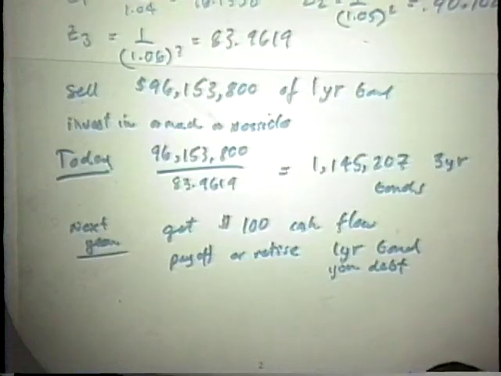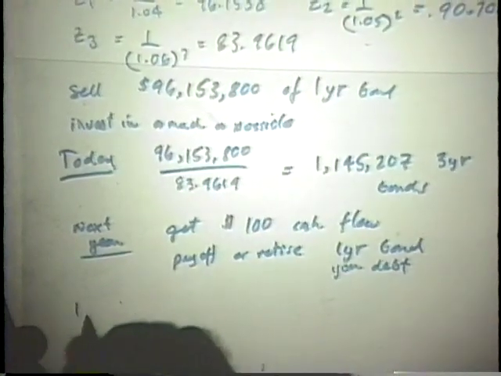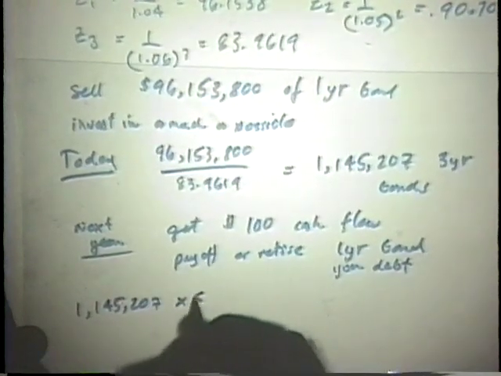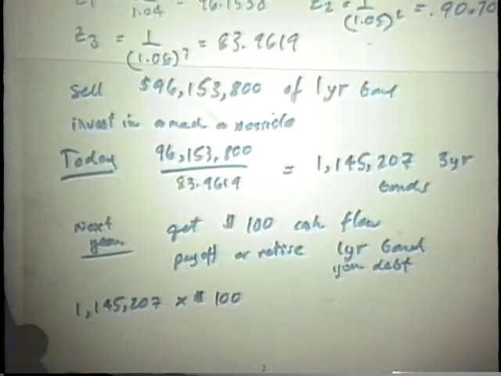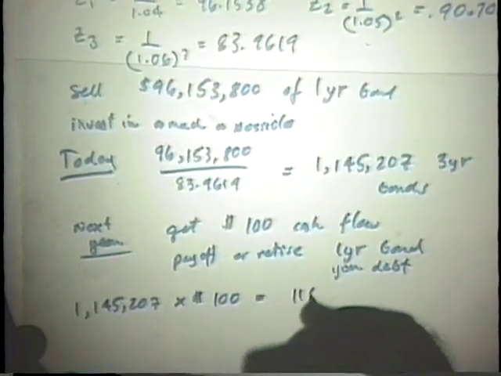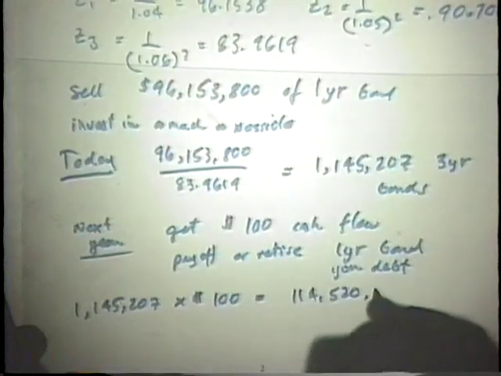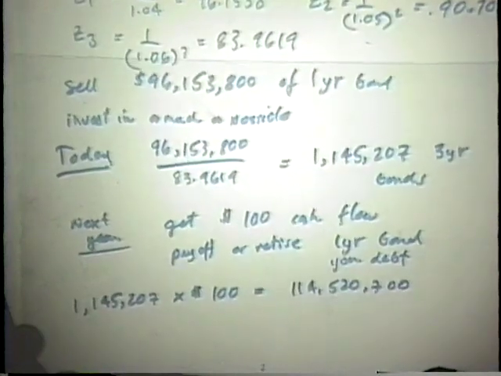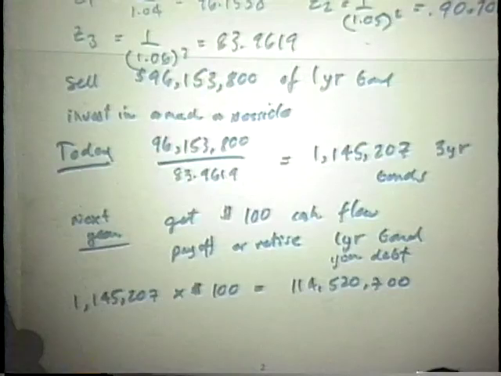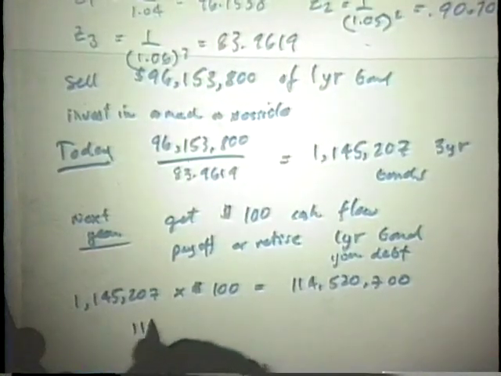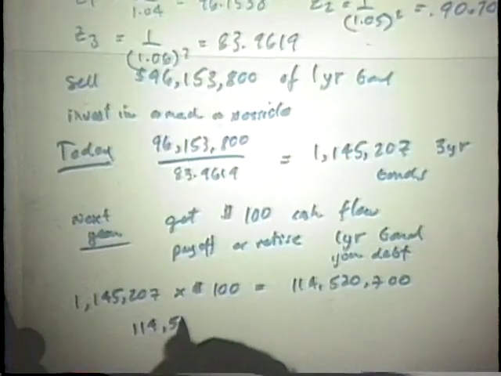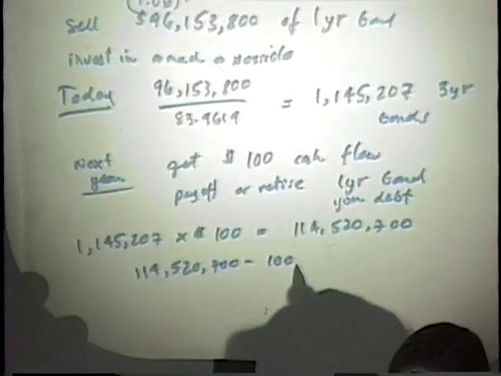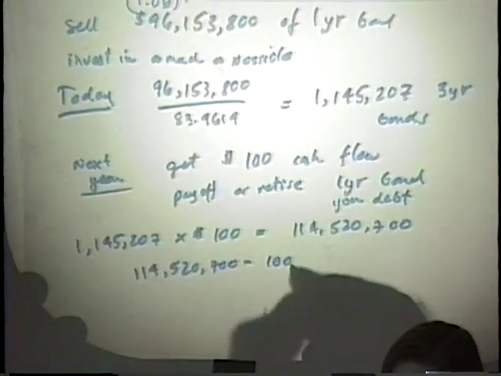At maturity, it's worth 1,145,207 times $100, because that's what the bond is worth at maturity. That equals 114,520,700. So our rate of return over 2 years is 114,520,700 minus 100 million, which is what we invested at the end of year 1.